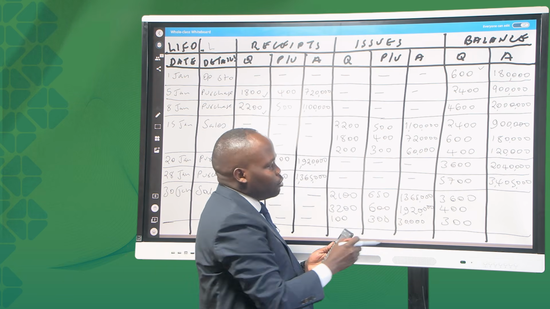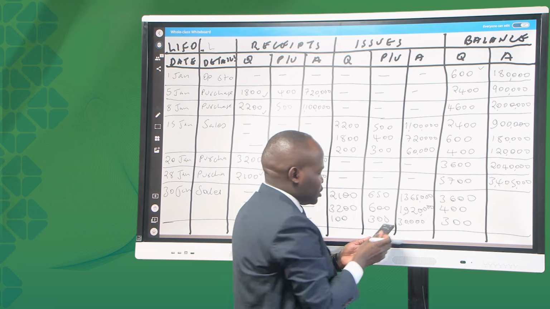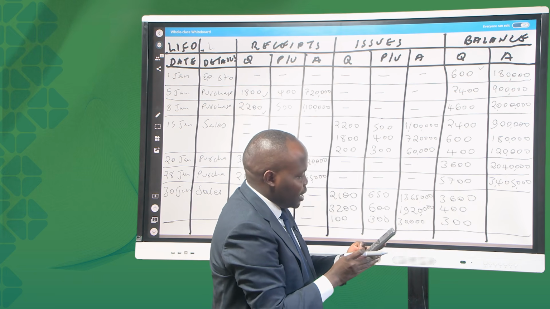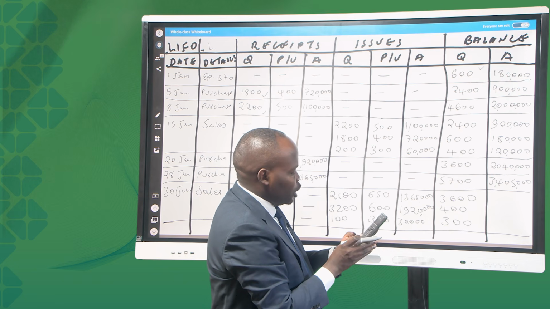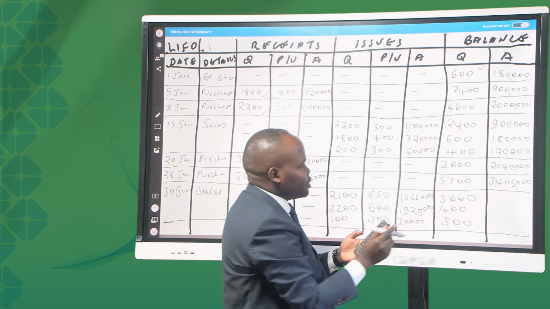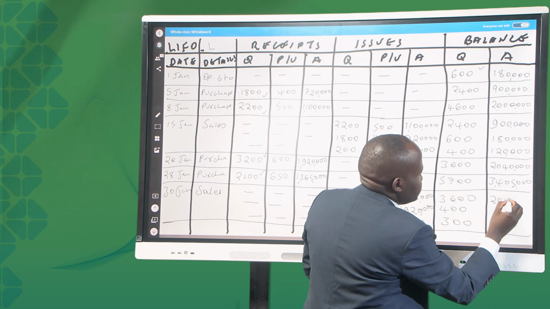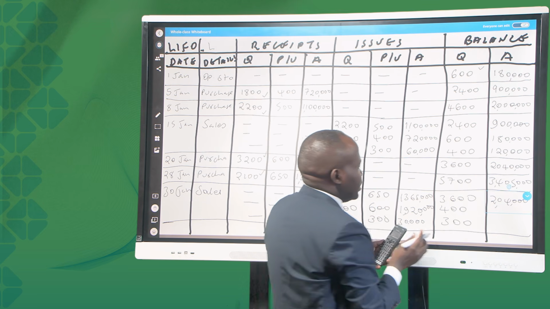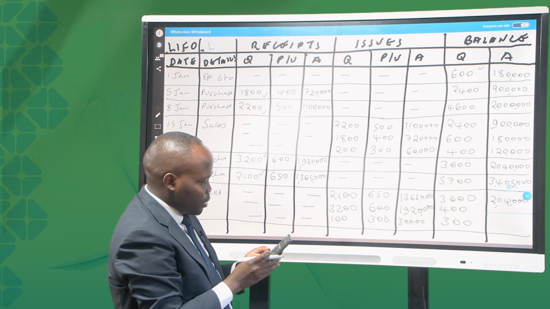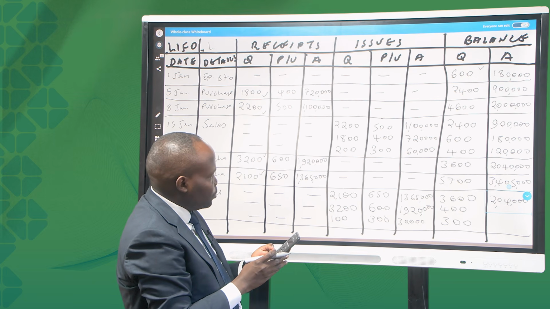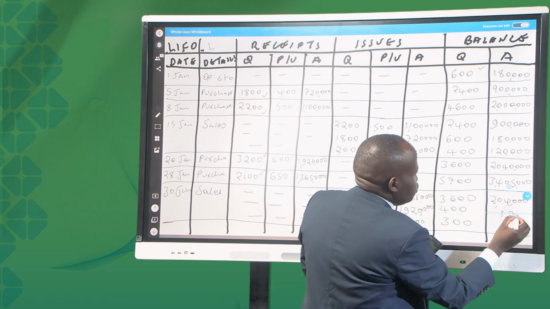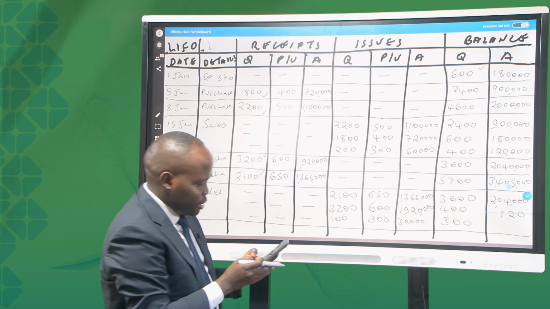Same to amounts. 3,405,000 minus 1,365,000. Let's calculate that. 3,405 minus 1,365 gives us 2,040. Next we have 2,040 minus 1,920. It gives us 120.